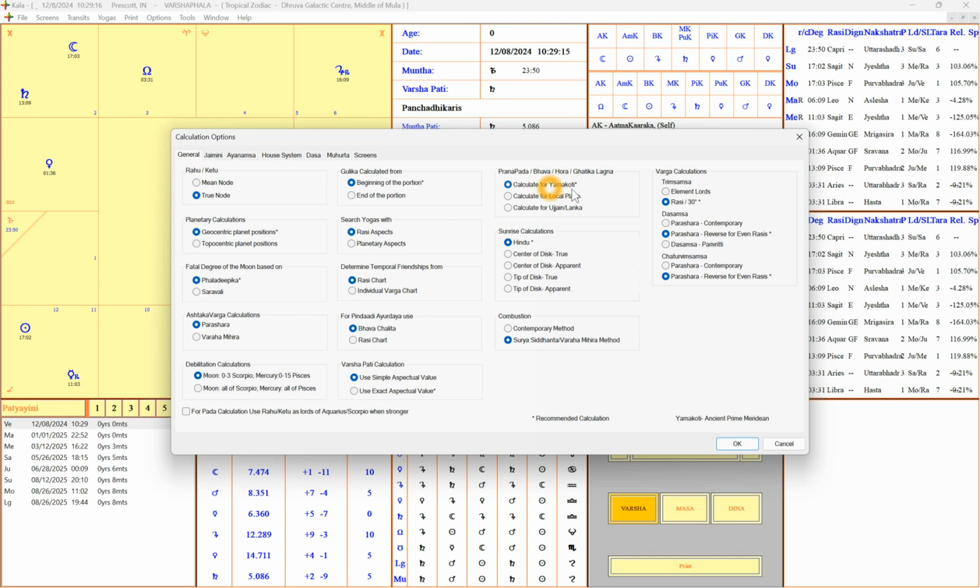They're not really ascendants, not really rising, but these time lagnas, let's say, for Yamakoti, or for your local place, which is what's most commonly done, or you can calculate for Ujjain. There was a time in India they decided to calculate all these time factors for Ujjain, deciding that the center meridian is in India.